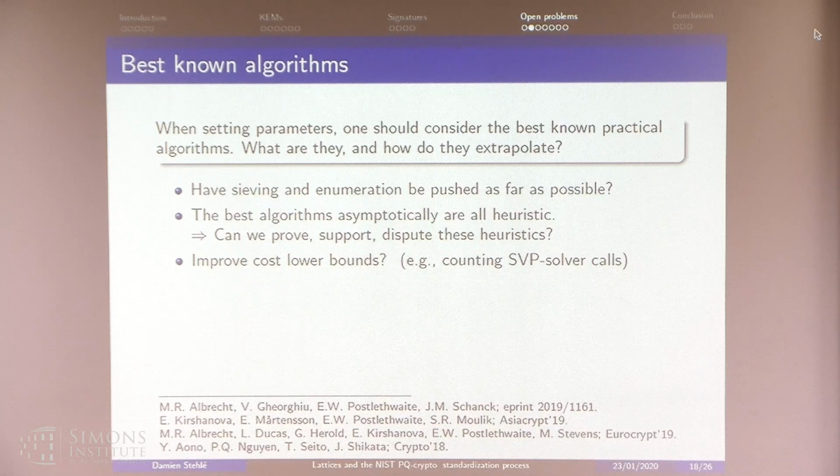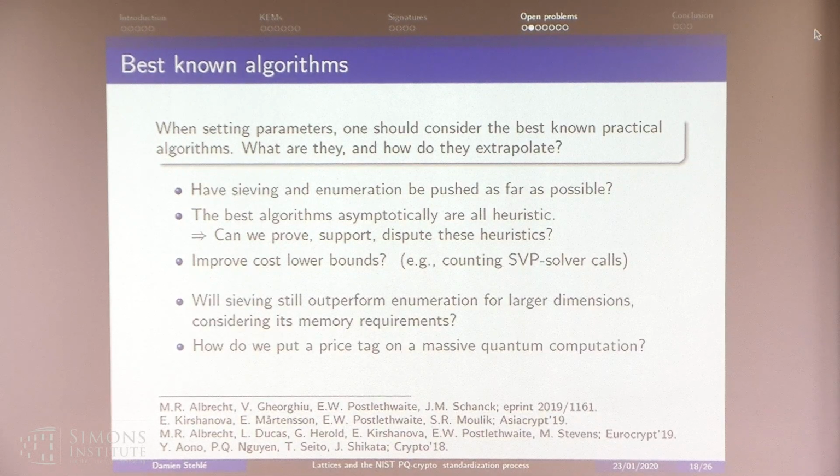In many of these cost estimates, we lower bound the cost of running BKZ by the cost of running a single call to an SVP enumeration or an SVP sieve. But something that we don't take into account is that we do more than one call when we do these BKZ runs. So can we have a good intuition on how many times we call these algorithms? That would be an open problem.